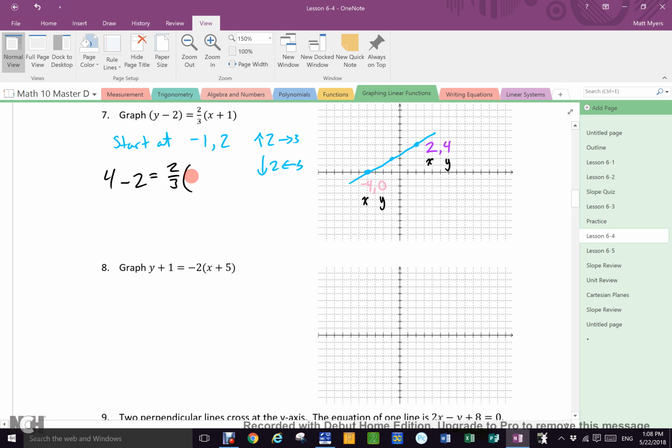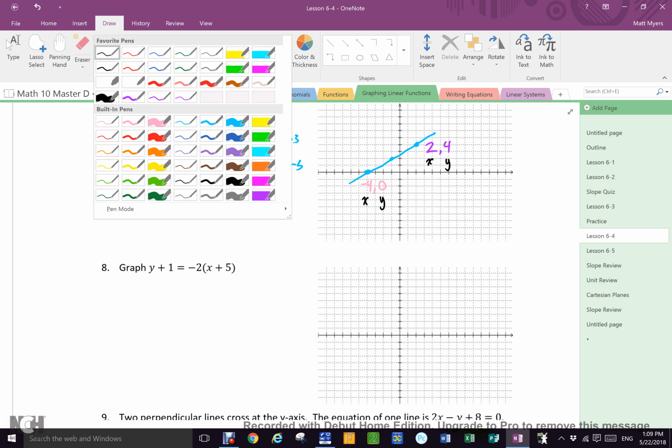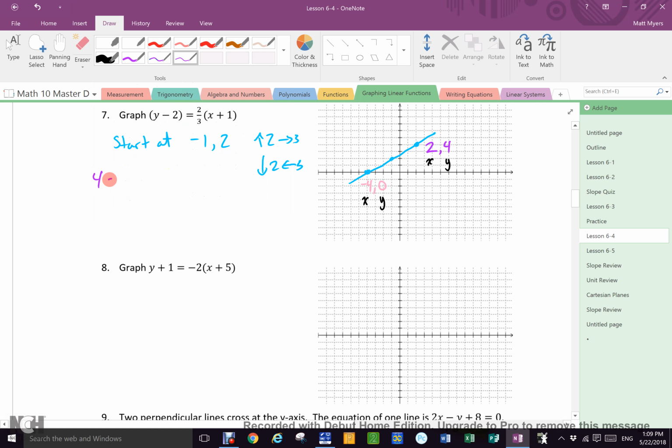What's the X value? We're working with the purple one. I should have done this in purple. 4 minus 2 equals 2/3.